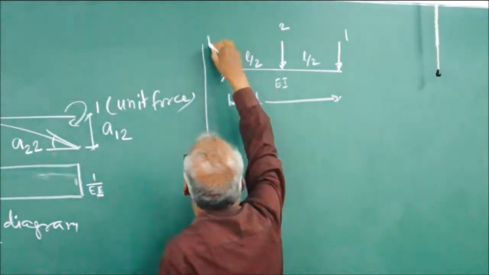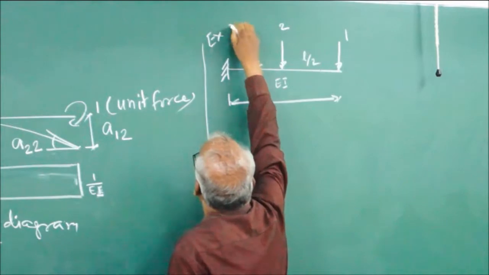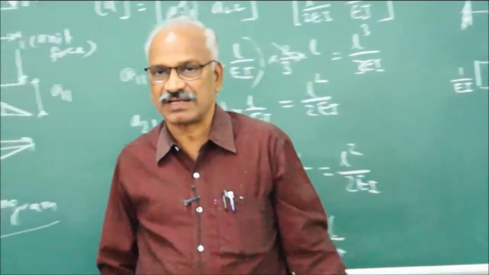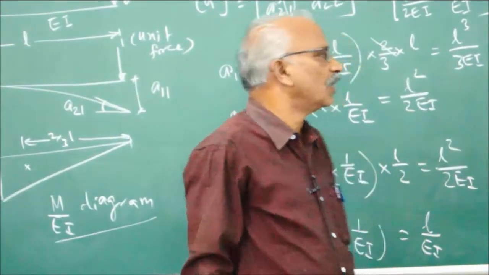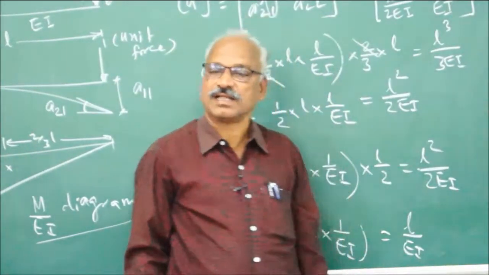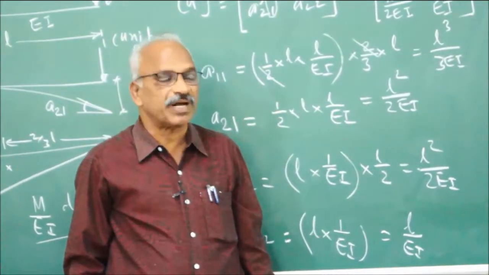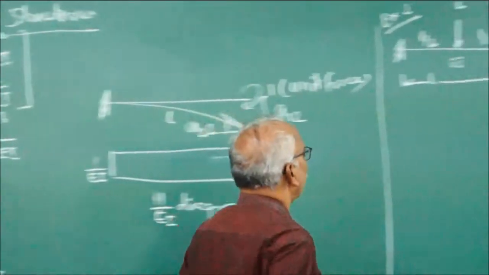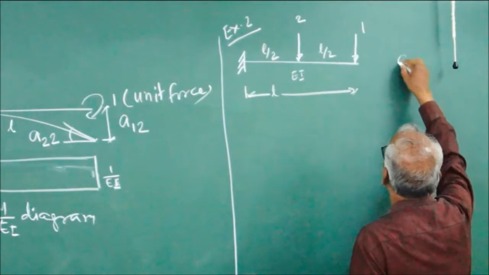This is example 2. How to find out the flexibility matrix for this structure? So here again, we have chosen 2 coordinates. Therefore, the size of the flexibility matrix will be 2 by 2.